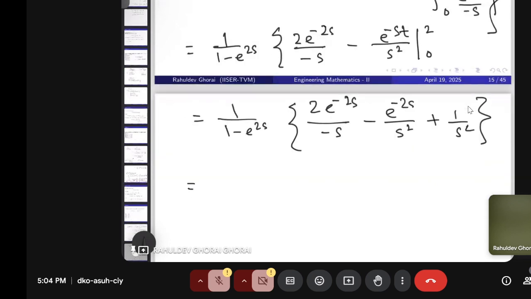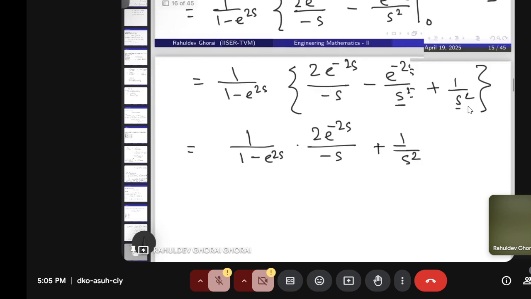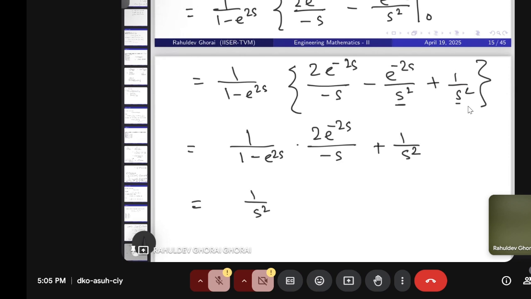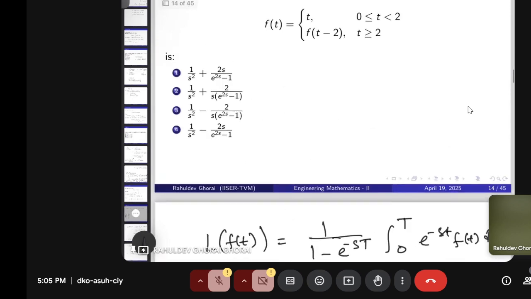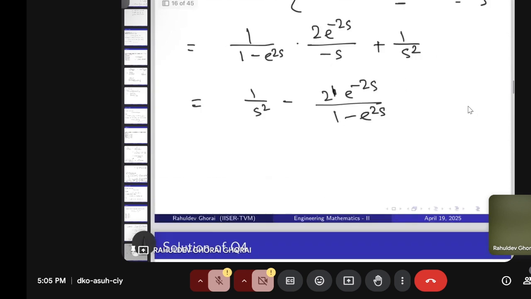That is equal to, if you see this closely, 1 over s square minus 2 e to the power minus 2s over 1 minus e to the power minus 2s. One needs to do it again: just multiply and divide by e to the power 2s in the second term to obtain e to the power 2s minus 1.